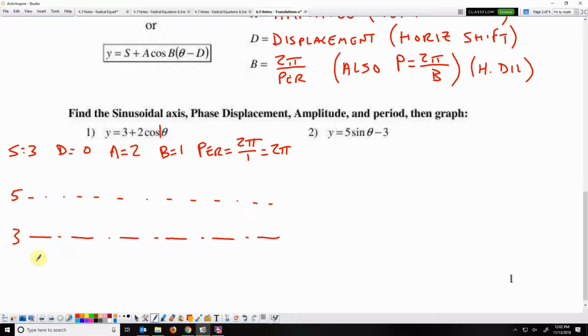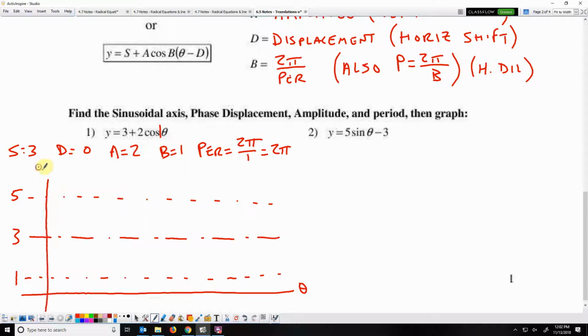The minimum is 2 below, so the minimum is 1, which means that my theta axis will be 1 unit below that 1. And I'll put my y-axis right here.